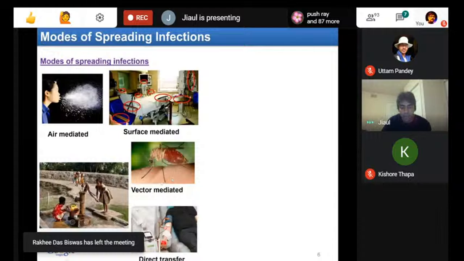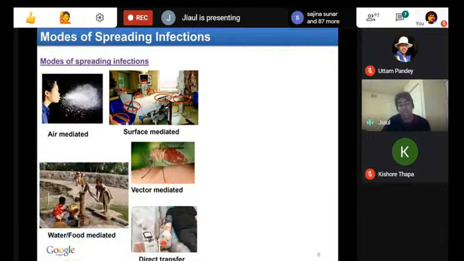And then there could be a direct transfer, for example, during a blood transfusion. If this blood has been collected from a person who was already infected and it's then transferred to another person, the person receiving it can directly get this infection due to the contaminated blood transfer.